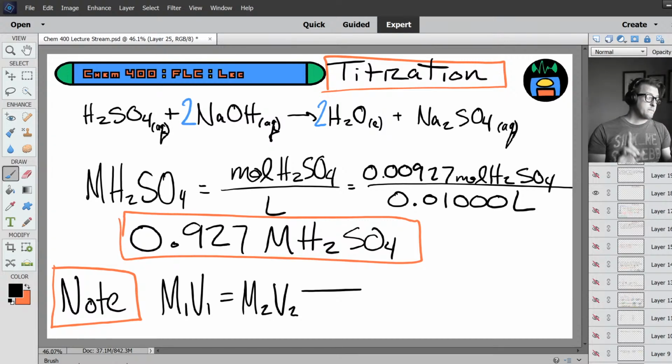If you do not have a 1-to-1 ratio, this will give you the wrong answer. And I'm going to make you a promise right here, right now. Every titration problem that I give you on exam 2 will not have a 1-to-1 ratio in the balanced chemical equation for the reaction between the acid and the base. So if you use the dilution equation on the exam, you'll get the wrong answer.